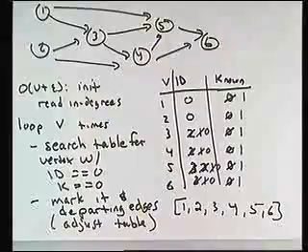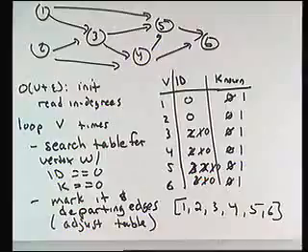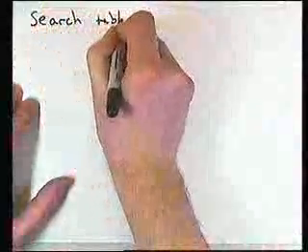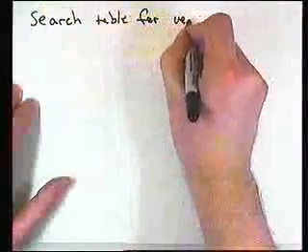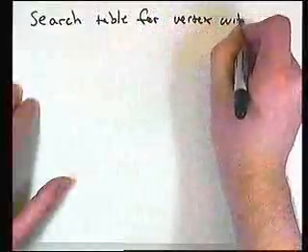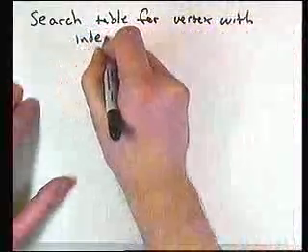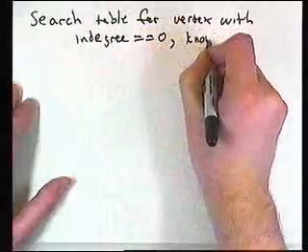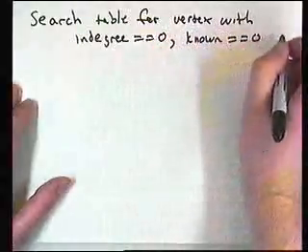So, the question here is, what's the running time of this procedure? And the answer is, well, there's 2 components to this. We have a table search. We want to search the table for a vertex with in degree equal to 0 and known equal to 0.